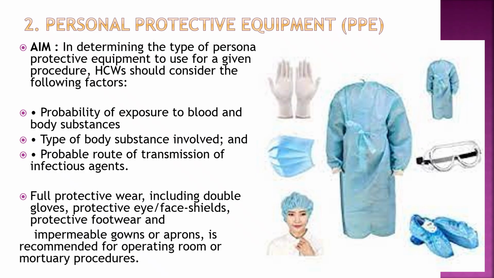So transmission of infectious agent by inhalation or by direct contact or by indirect contact. So this is important. So for direct contact we will use mainly gloves, and for inhalation purpose the main PPE is mask. So depending on the exposure, type of body surface involved, and route of transmission of the infectious agent, so these are the factors.